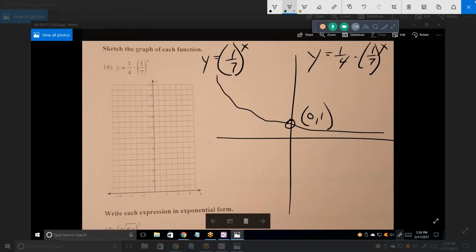Now, what that does is it shrinks this point down to there, which is now 0, 1/4. And it shrinks every other point on this black curve down by 1/4. So it gives you a curve kind of like that, which flattens out that curve.